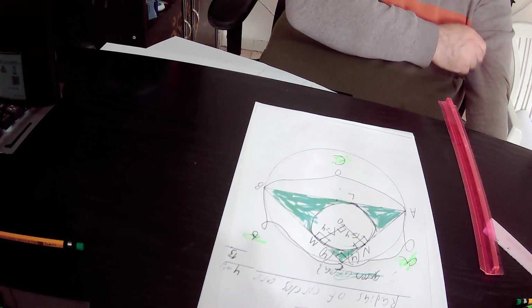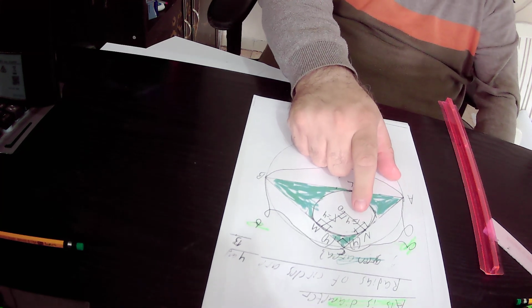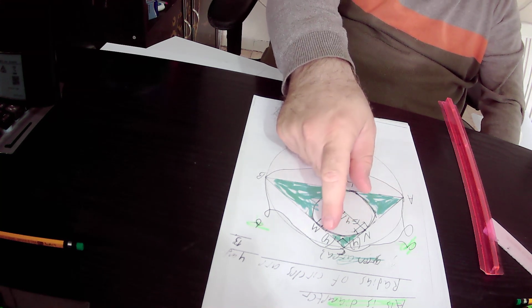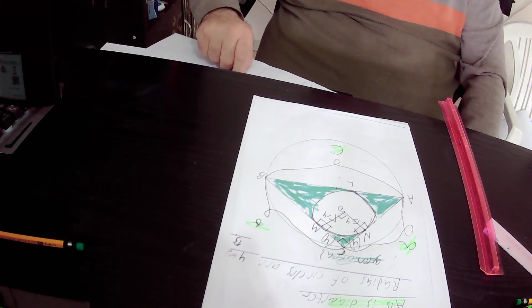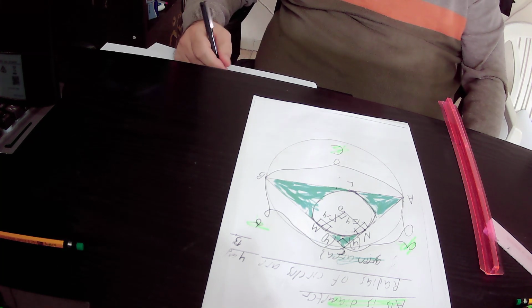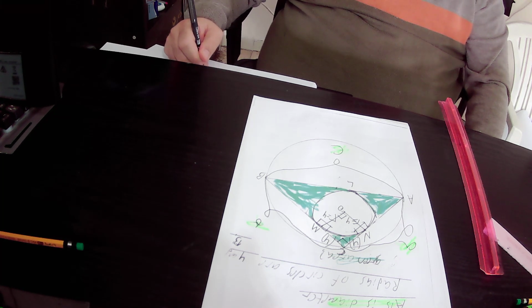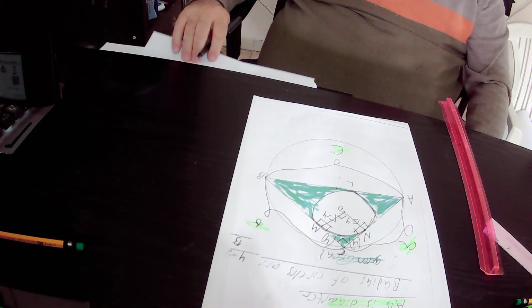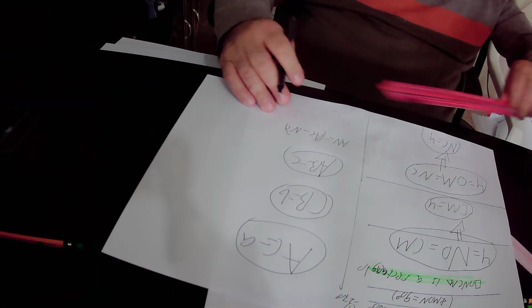So what is the length of line segment AN? From the drawing it is very easy to see that AN equals CA minus NC. I write it down. AN equals AC minus NC.